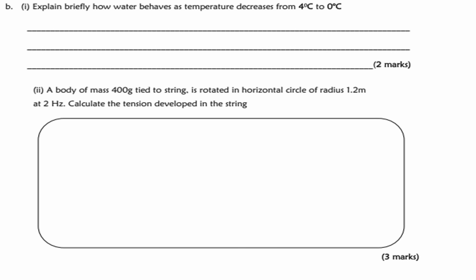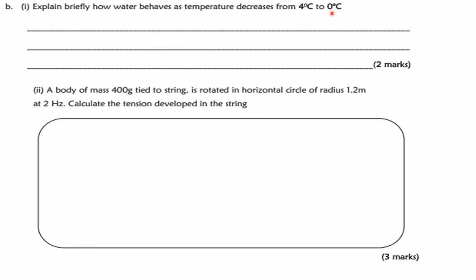Part B. Explain briefly how water behaves as temperature decreases from 4 degrees Celsius to 0 degrees Celsius. Remember that water behaves anomalously or strangely in that when you are cooling it from 4 degrees Celsius, which is higher than 0, its volume tends to increase.